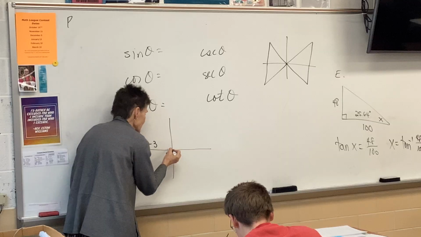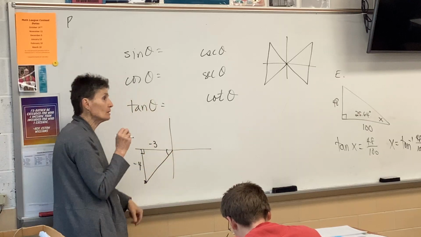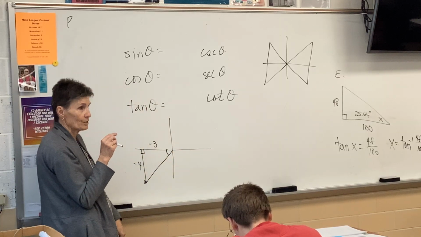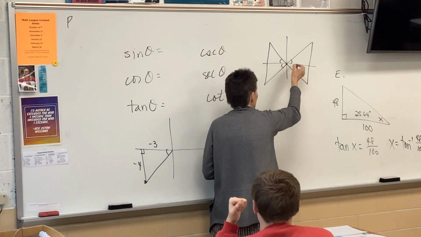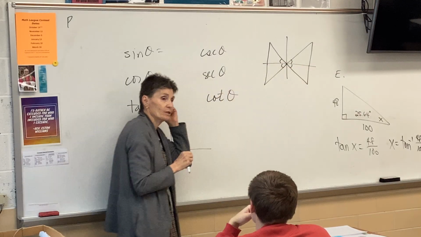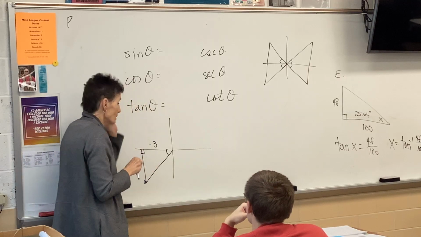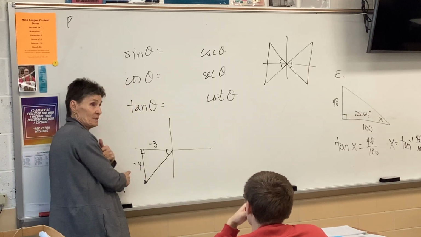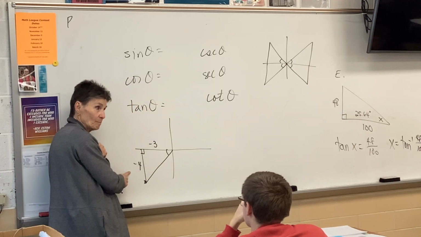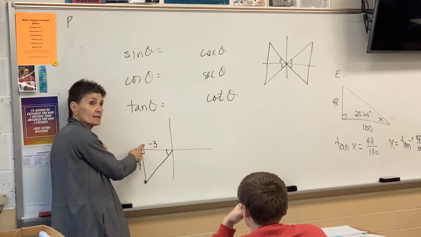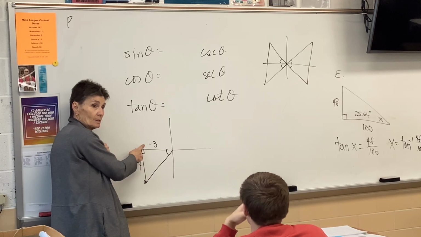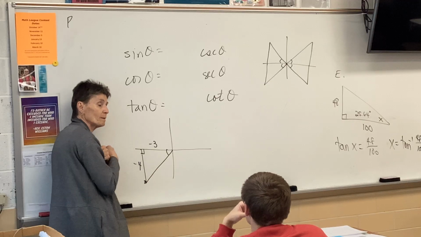Now, this is still your angle. Your angle is always the one that's at the origin, no matter which triangle you're in. These are your angles at the origin. So I know that my opposite side is -4, and my adjacent side is -3. I'm missing my hypotenuse, so what am I going to do?